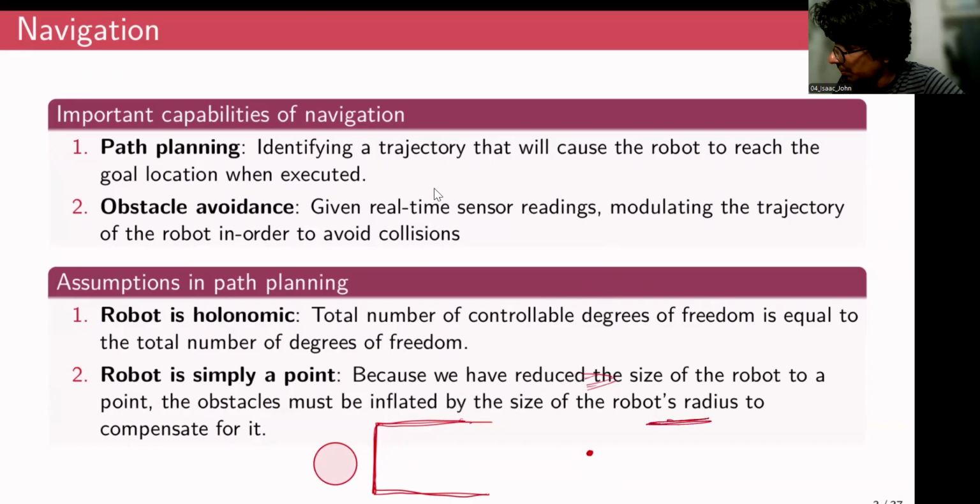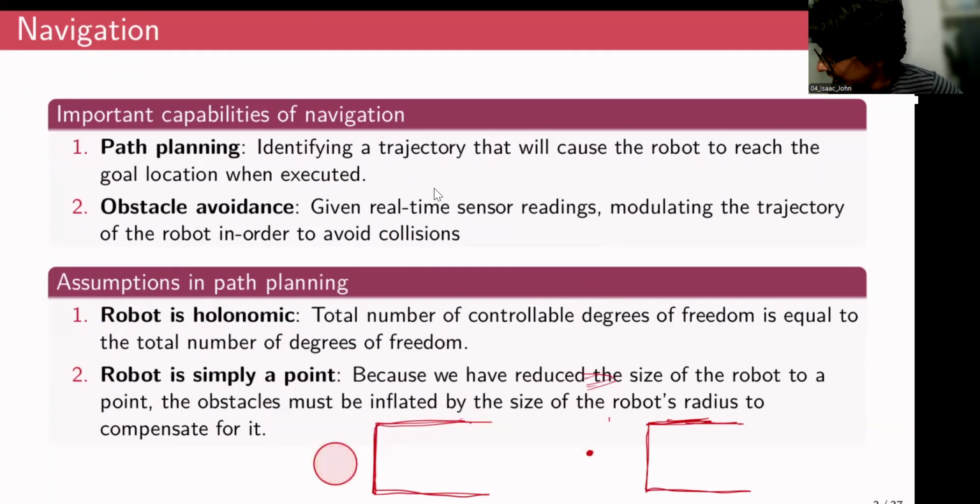we compensate for that point robot by inflating the size of this obstacle, right? So whatever change we got due to considering this robot as a point, we try to compensate by inflating the size of the obstacle.